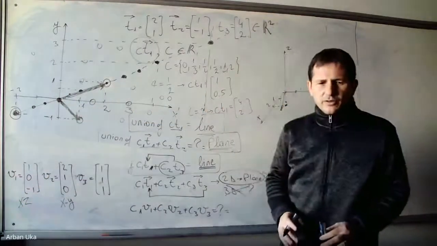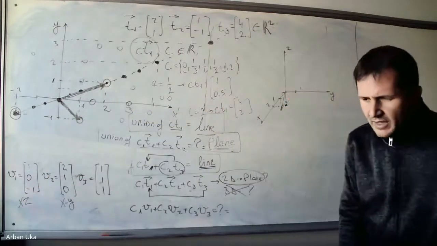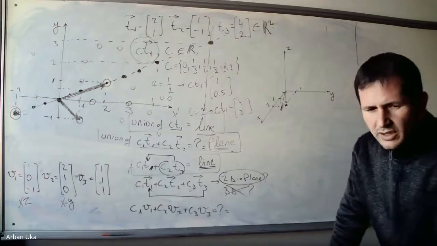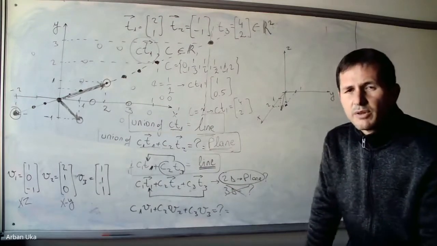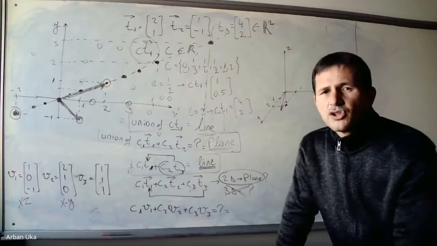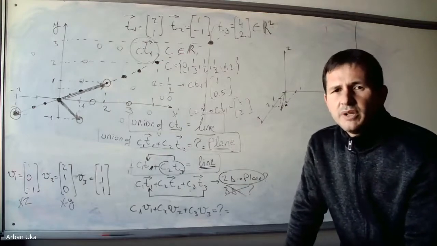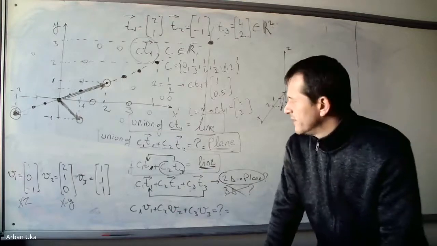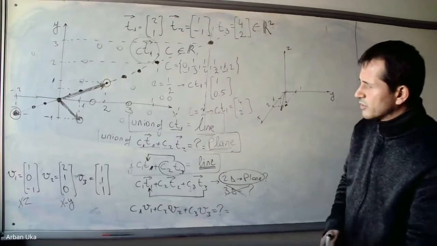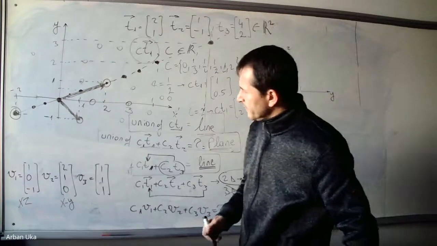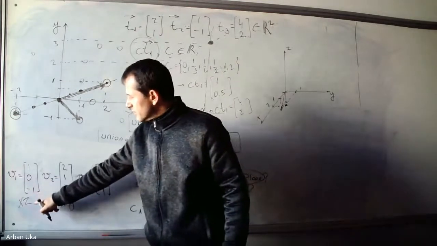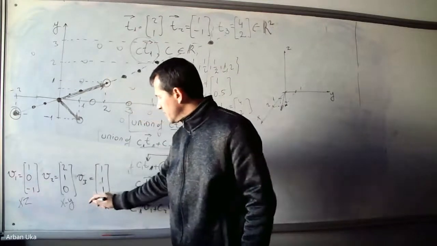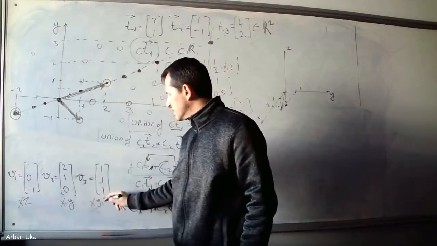For a moment, we never forget that we are working with matrices, but we are trying to extract the geometric meaning of these matrices when they are vectors, okay? So it's not that we are moving out of our topics. This vector is on xz, this is on xy, this is on xyz, okay?